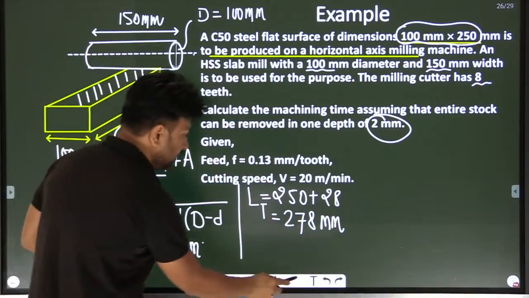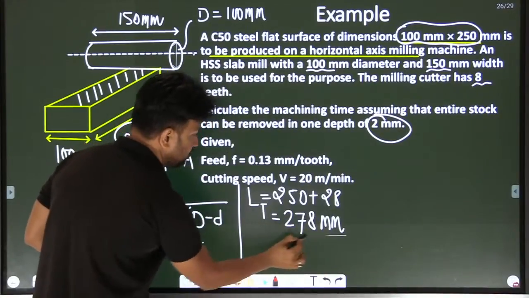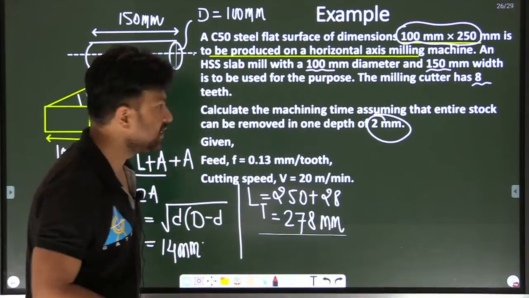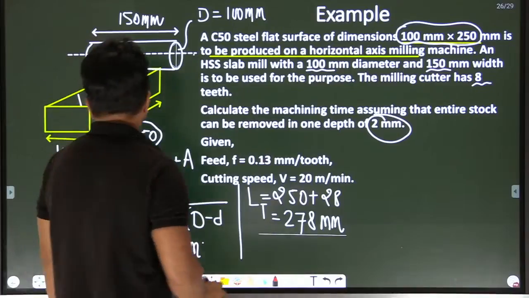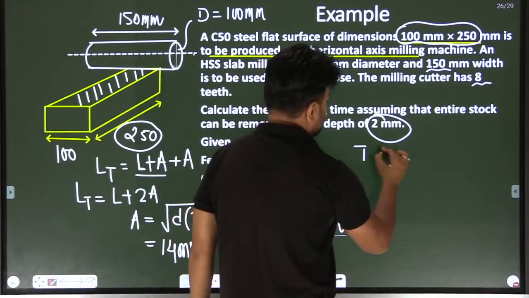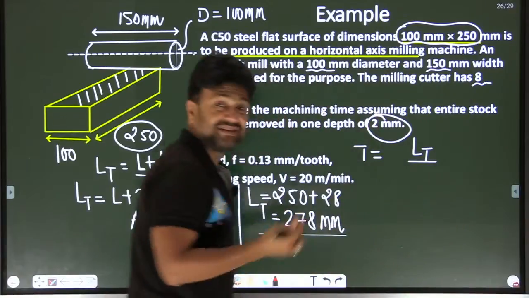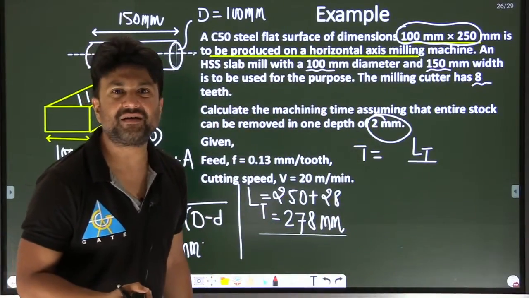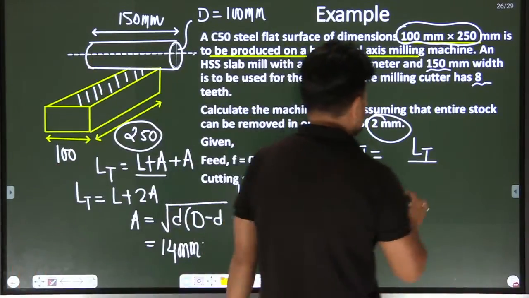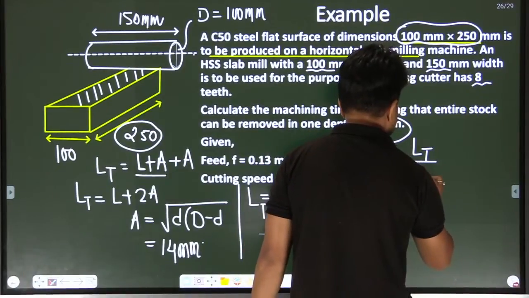Tell me, is that clear to everybody? Now, you know that the machining time is total length divided by table speed. Total length divided by table speed.